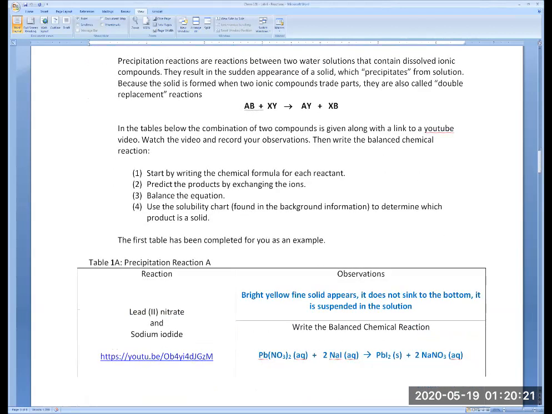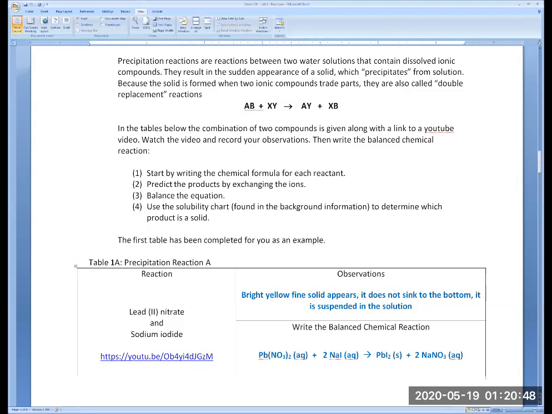Each time you have a table and it says what are mixed together, the two reactants, and it's given as names. So you will need to change those names into formulas. And so you will watch the video and then write your observations of what happens during that video when you are mixing those two solutions.